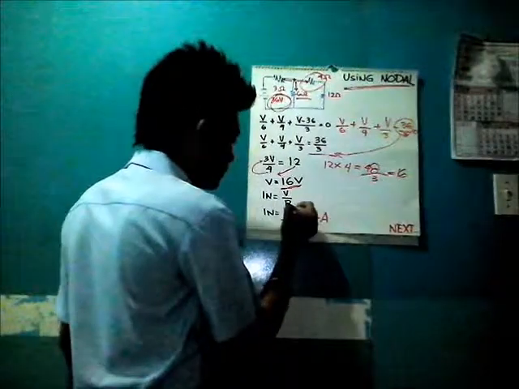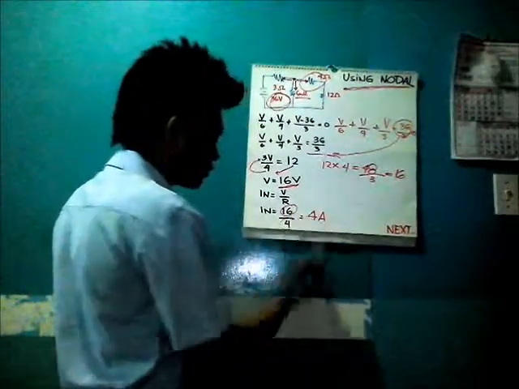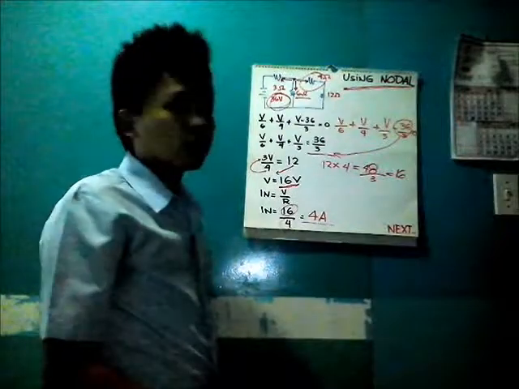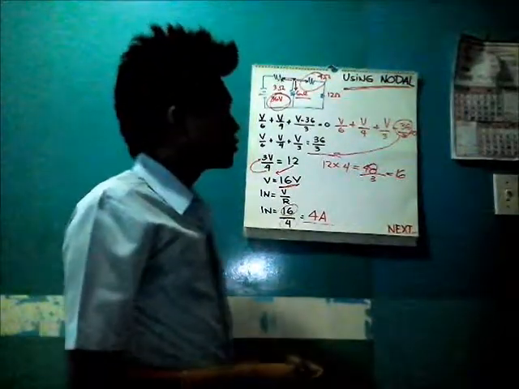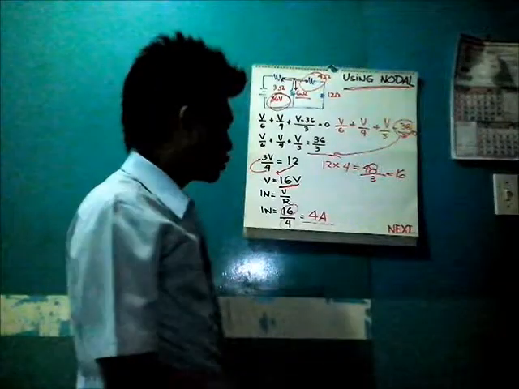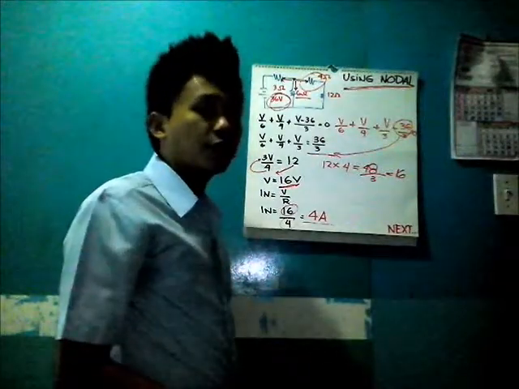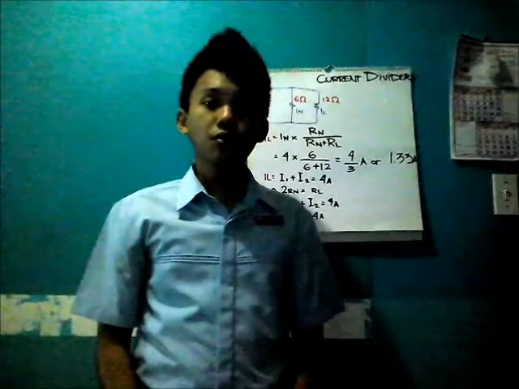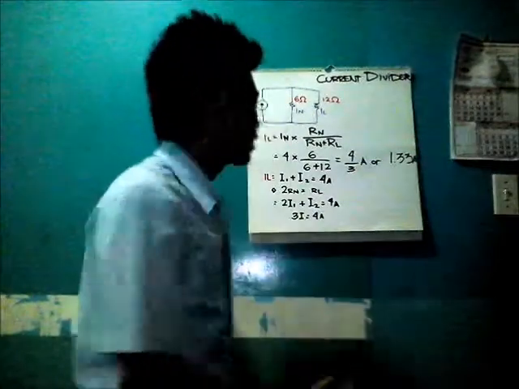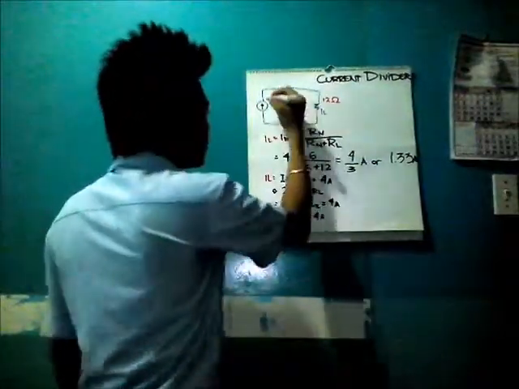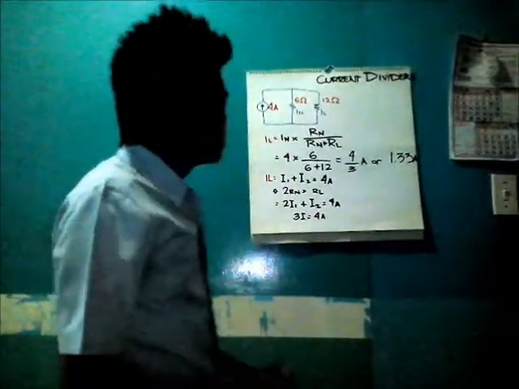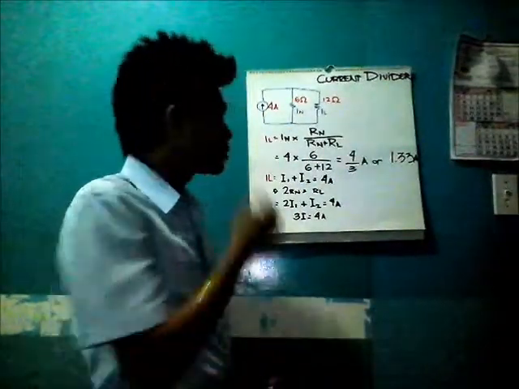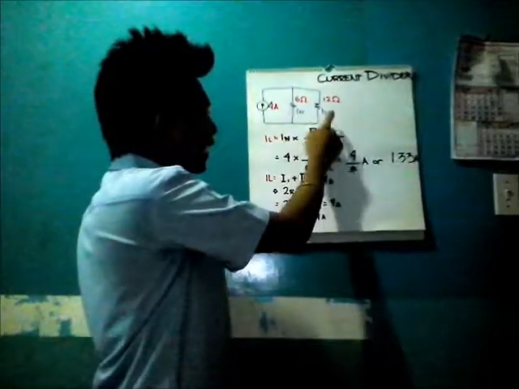So 16 over 4 is equal to 4. So there we have it. We have two solutions for Norton's, but we have the same answer, which is 4 amperes. So we already have the IN, which is 4 amperes, our current source, and our IL.